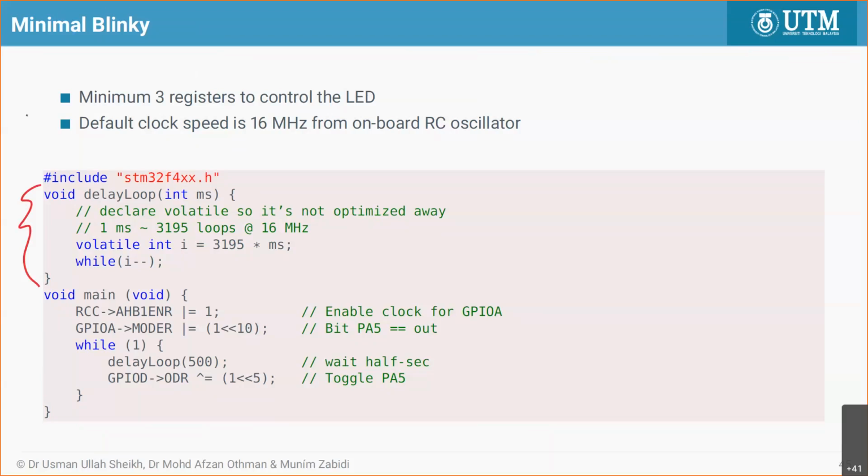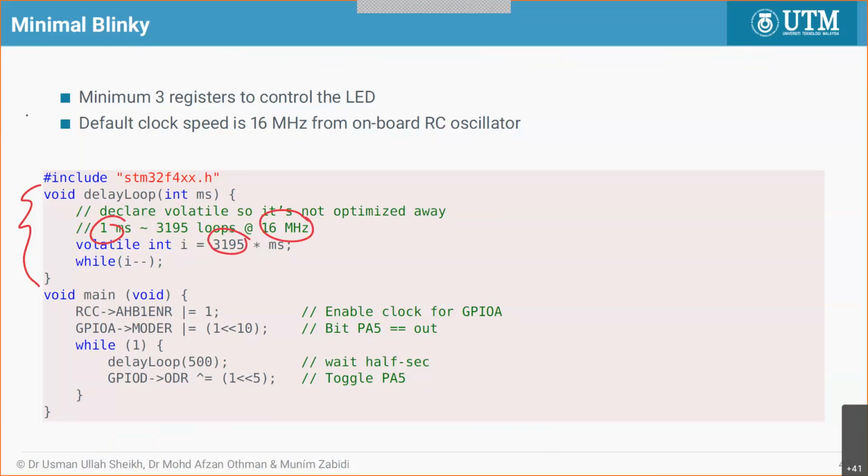But anyway, by default, the speed of the STM is 16 megahertz, and accordingly, you can have 1 millisecond by looping 3,000 times.